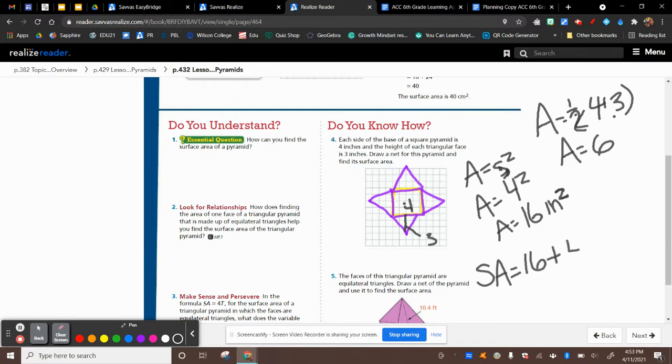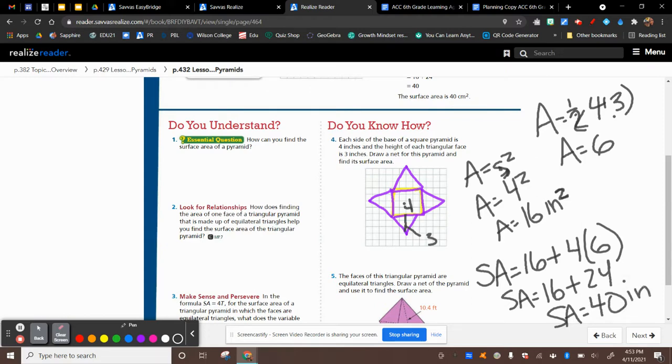I'm going to do plus the number of triangles, which is 4, times the area of one of them, which is 6. So my surface area is equal to 16 plus 24. My surface area is equal to 40 inches squared.